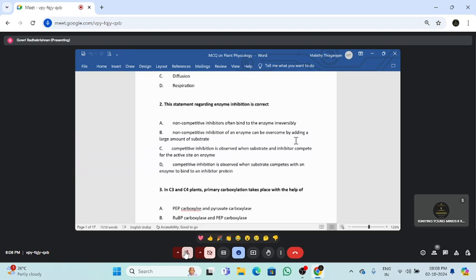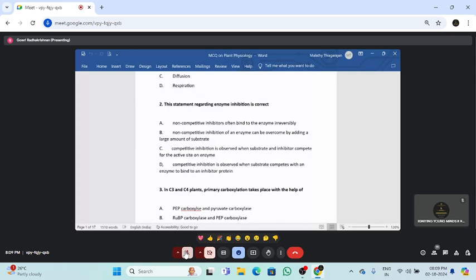Enzyme inhibition has three types: non-competitive, competitive, and so on. There is only one statement that is right. You have to identify the statement. Option C. Yes, option C is the correct answer.